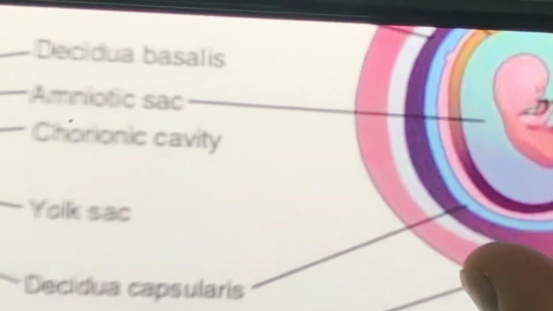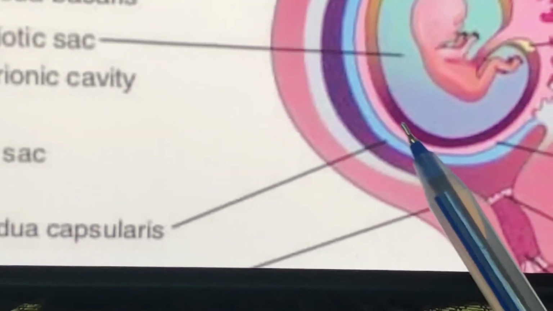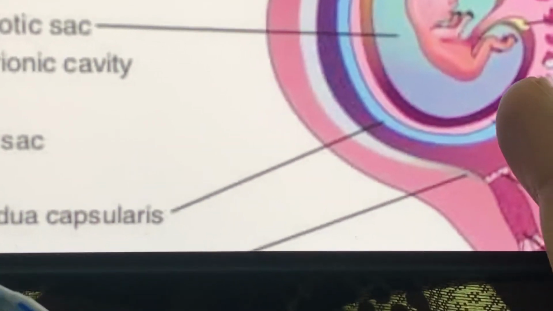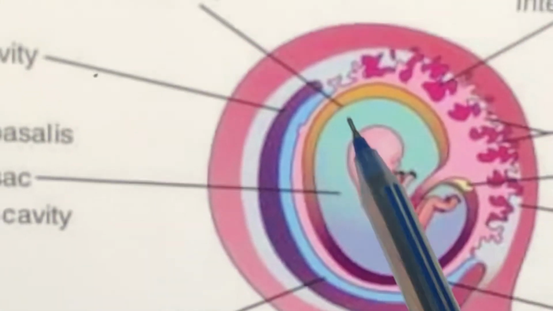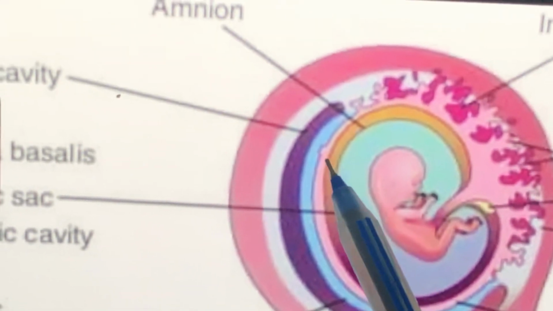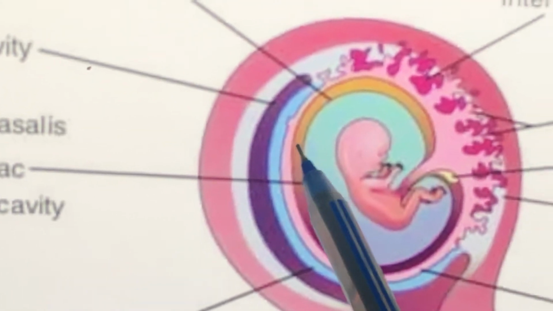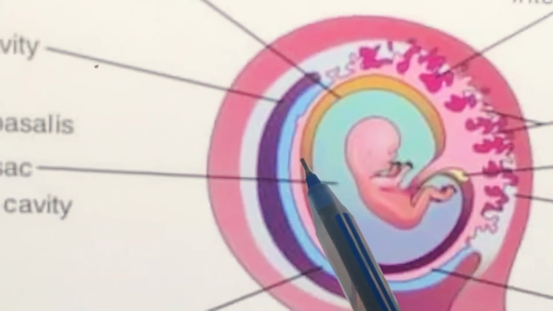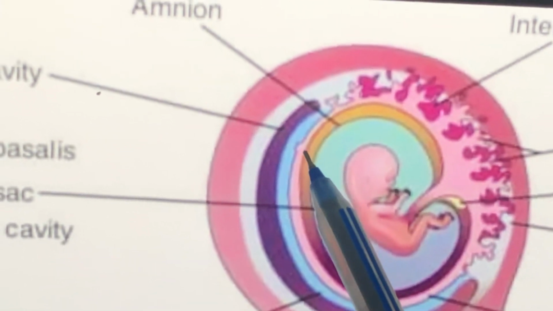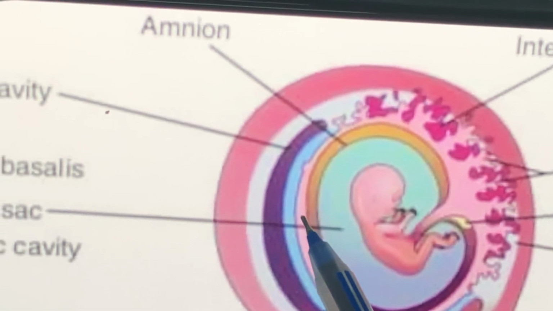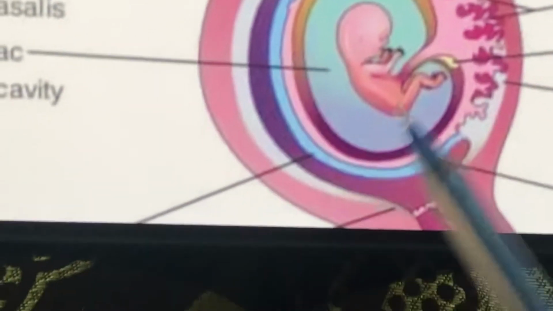And if we zoom it, this yellow color is amnion and this blue color is chorion, and that bleed was between this line, between the amnion and the chorion, and it is called the smooth chorion.